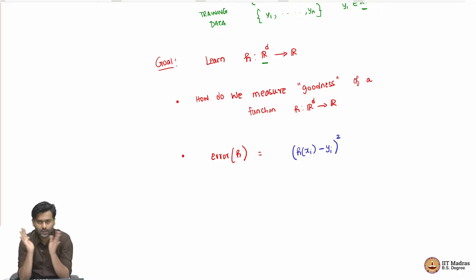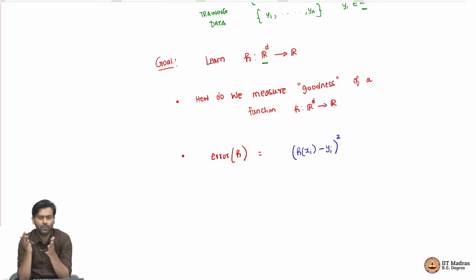This is not necessarily the only error you can think about. Maybe you have a different error in mind; anything reasonable is okay, but we will start with squared error. We will justify squared error in different ways later on, but for now, you want the error to be non-negative first of all.